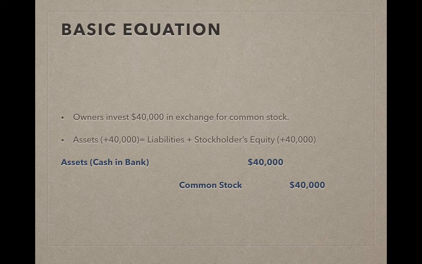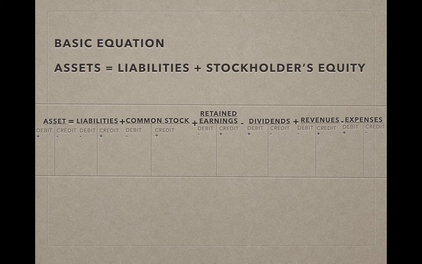Okay, as we saw in the expanded basic equation before, we can go back to the previous slide so that you can see that equity will increase on the credit side. You can see the common stock here. The increase or the plus sign here is on the credit side.